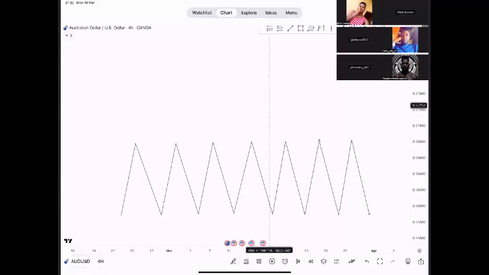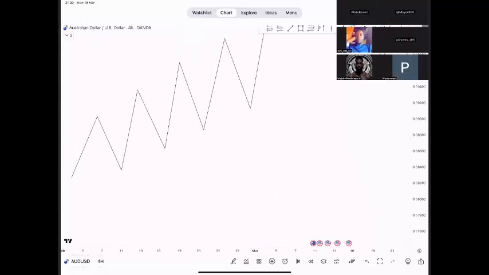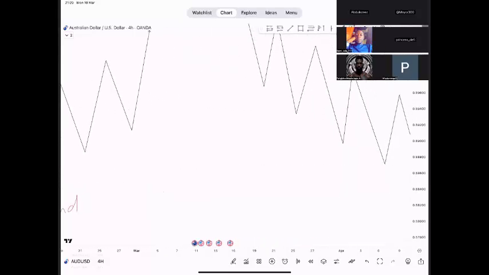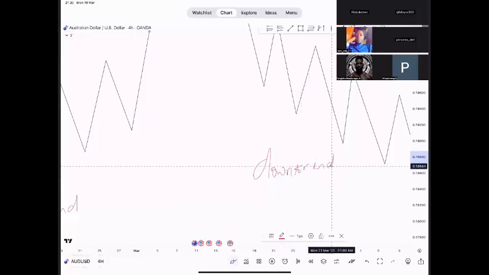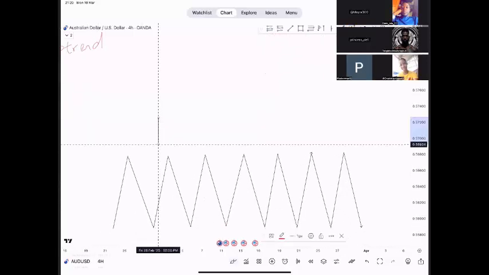We have three types of market structure. We have what we call an uptrend. We have what we call a downtrend, and we have what we call the ranging or consolidation market structure.